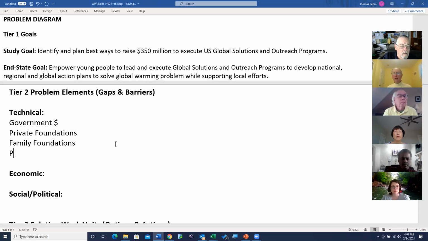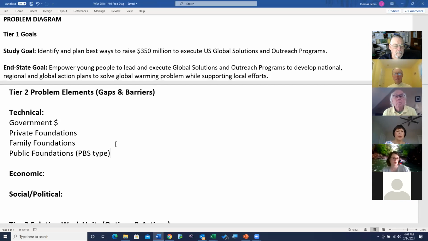So I guess you're saying that would incorporate Bill Gates. Maybe they're distinct from private and family. I'm thinking of them specifically as family foundations.